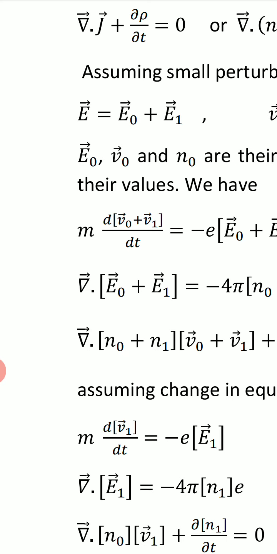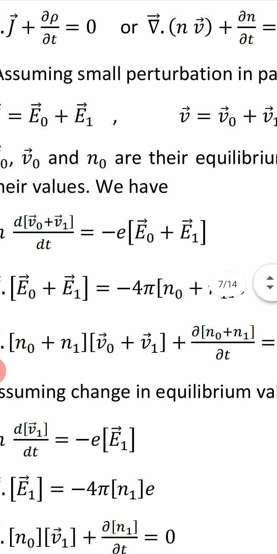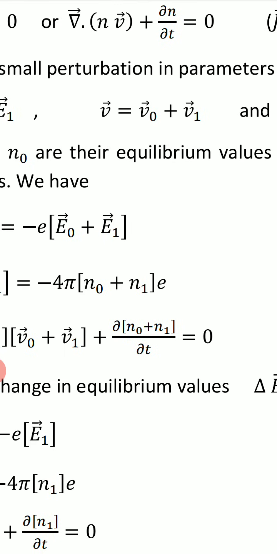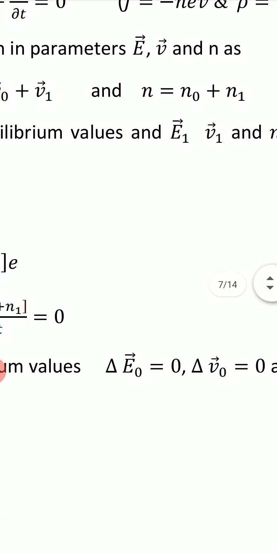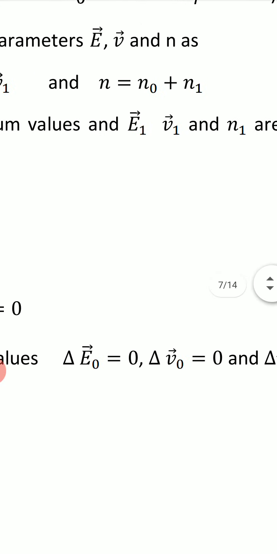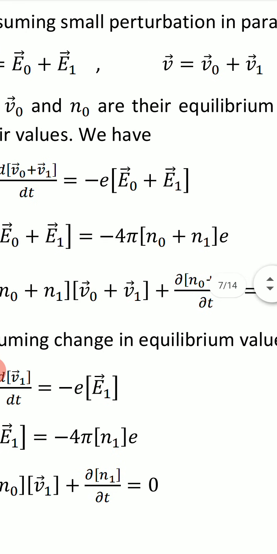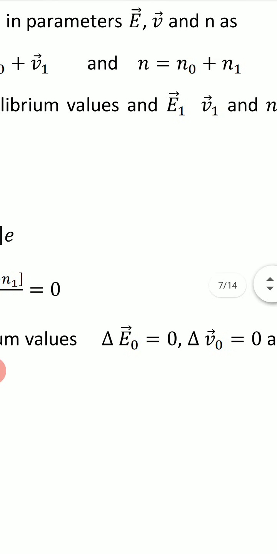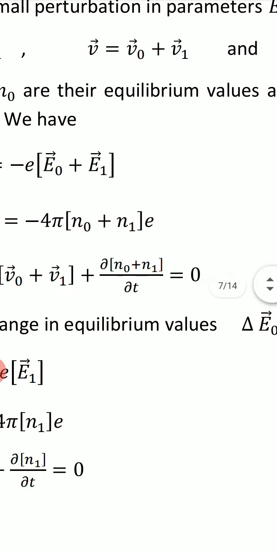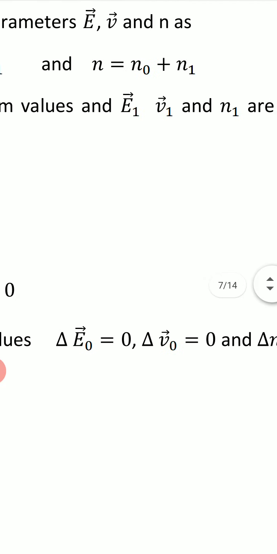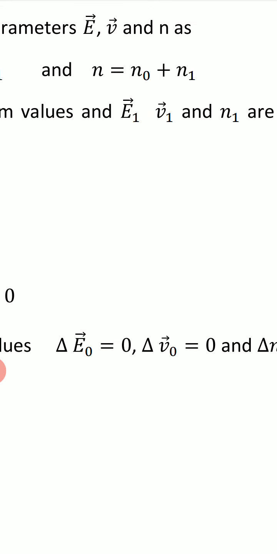E0 vector is its equilibrium value of electric field, and E1 vector is a small change in it, that is a small perturbation. Similarly, for V vector we write V0 vector plus V1 vector and N equal to N0 plus N1. Here E0 vector, V0 vector and N0 represent their equilibrium values, and E1, V1 and N1 represent a small perturbation in these values.